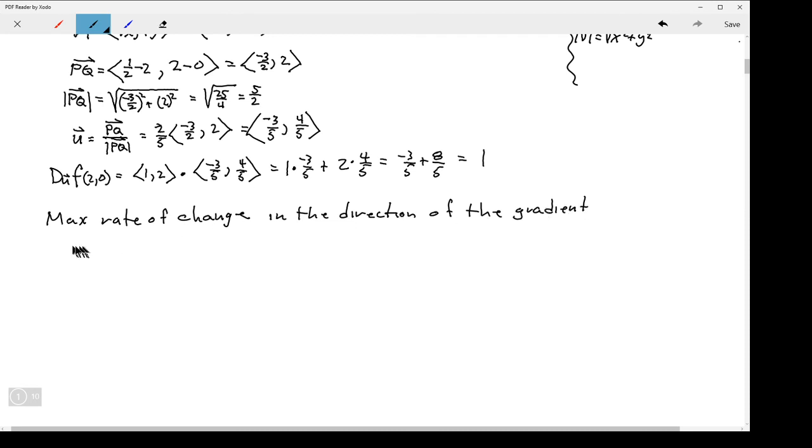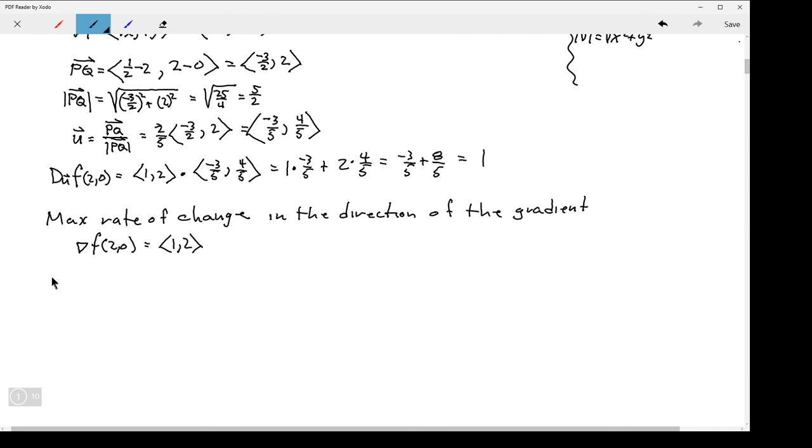So that's del f of (2, 0), and we figured out that was (1, 2). There's the direction. And then the magnitude gives the actual rate of change.